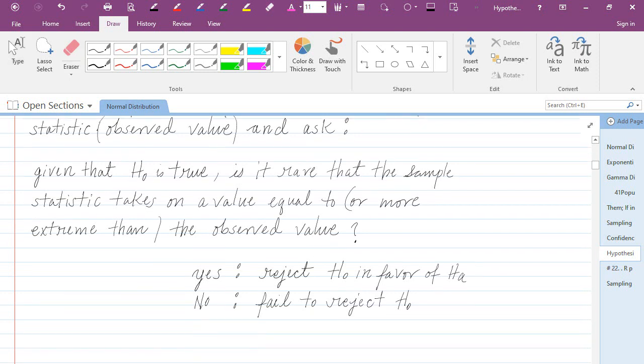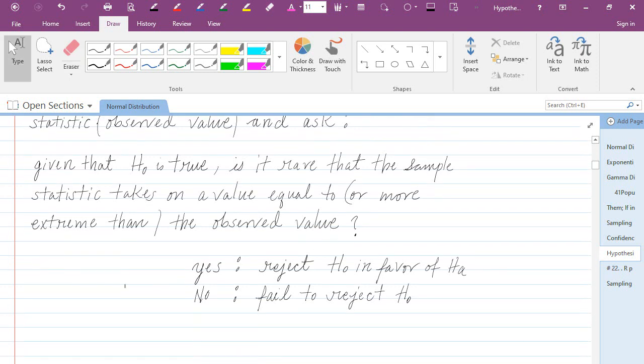If the answer to this question is yes, it means that a rare event has occurred. But rare events shouldn't occur.